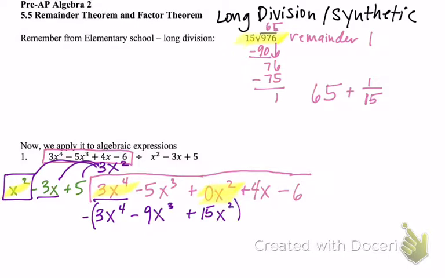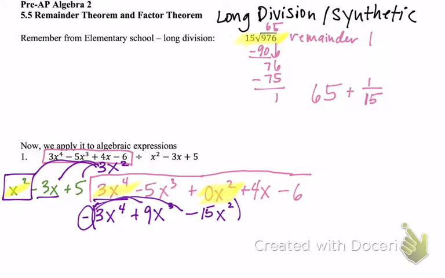So since I am subtracting this, that means that I'm flipping this sign. So this negative right here applies to the 3x to the 4th. It also applies to the 9x cubed, so I'm adding 9x cubed, and then this becomes a minus 15x squared. So I'm basically flipping the sign.